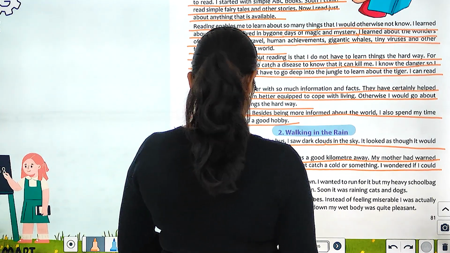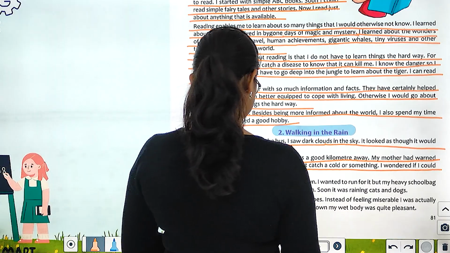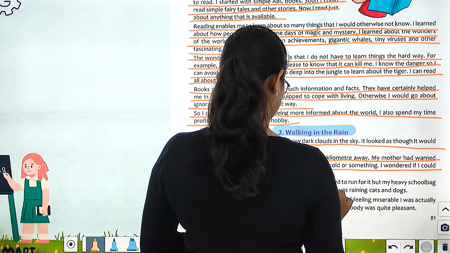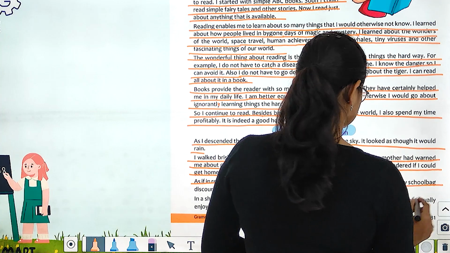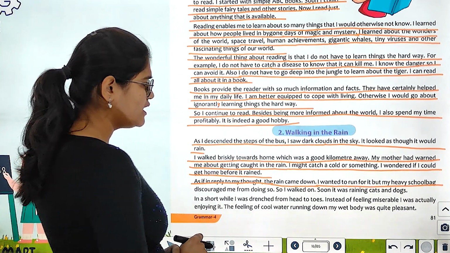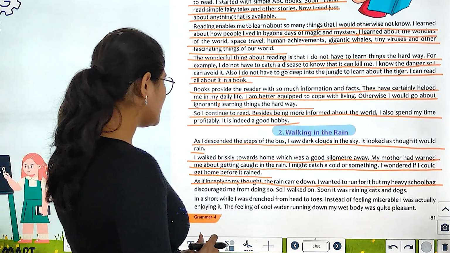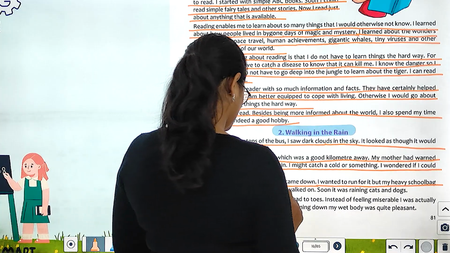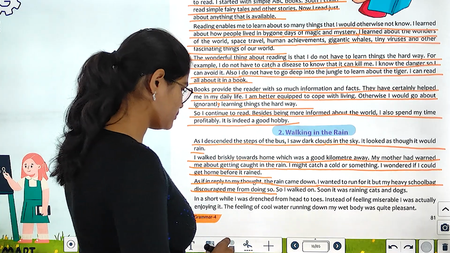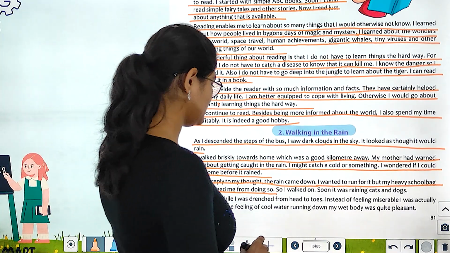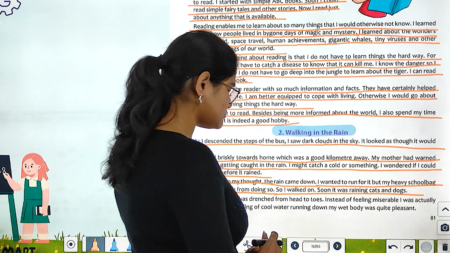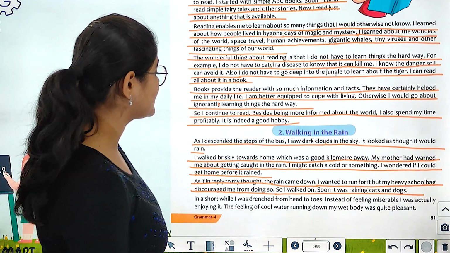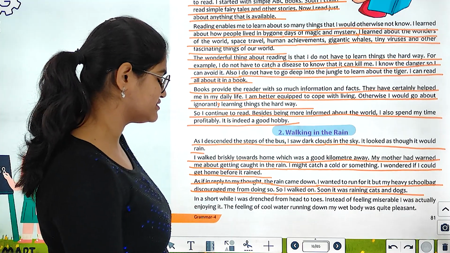As if in reply to my thought, the rain came down. I wanted to run for it, but my heavy school bag discouraged me from doing so. So I walked on. Soon it was raining cats and dogs.